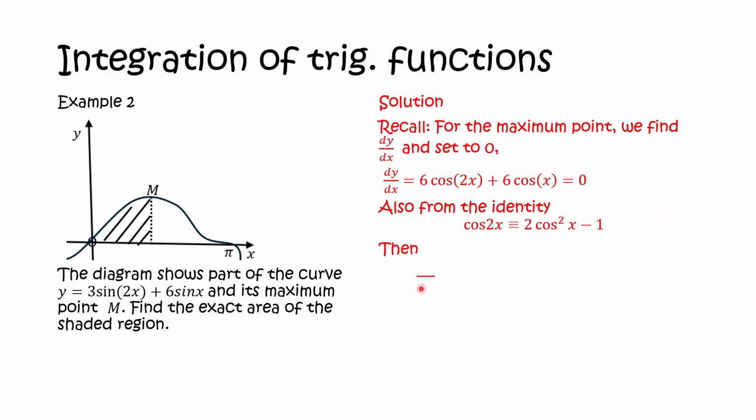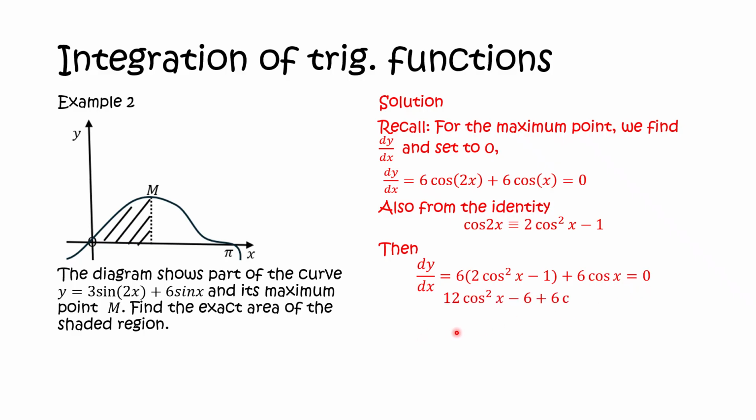So we substitute where we had cos 2x with its equivalence, 2 cos squared x minus 1. Then we equate it to 0.